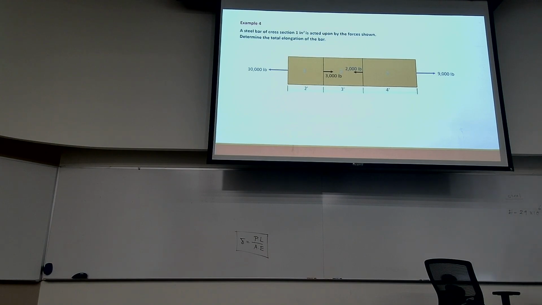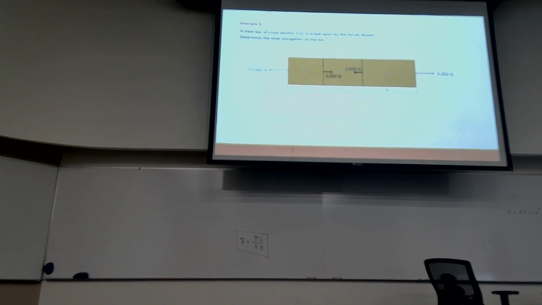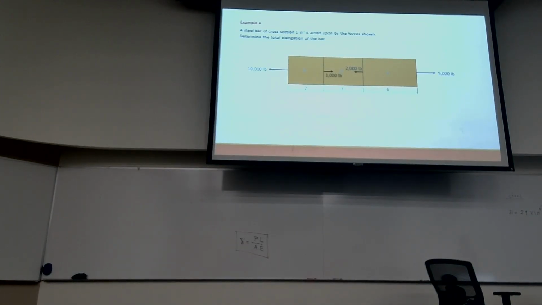Now here's a problem which is a little bit more complicated. We have a rod shown here in the figure, and we are applying a 10,000 pound force at this point here to the left, 3,000 pounds to the right here.